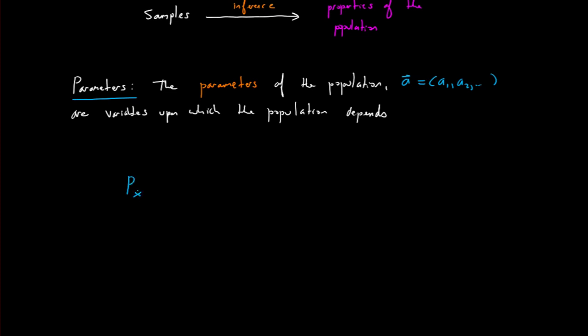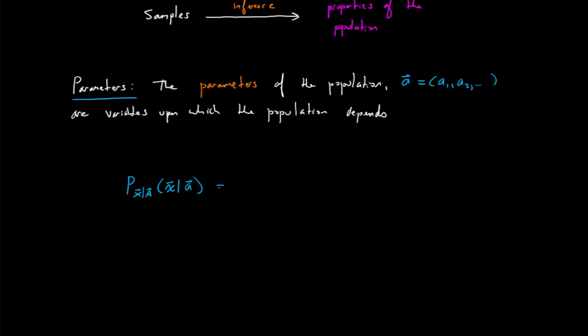The way we do that is by writing P_X of lowercase x given A. Given these parameters, we write x given A, where these are the definite values of the parameters, and capital A is something like the actual parameter itself.